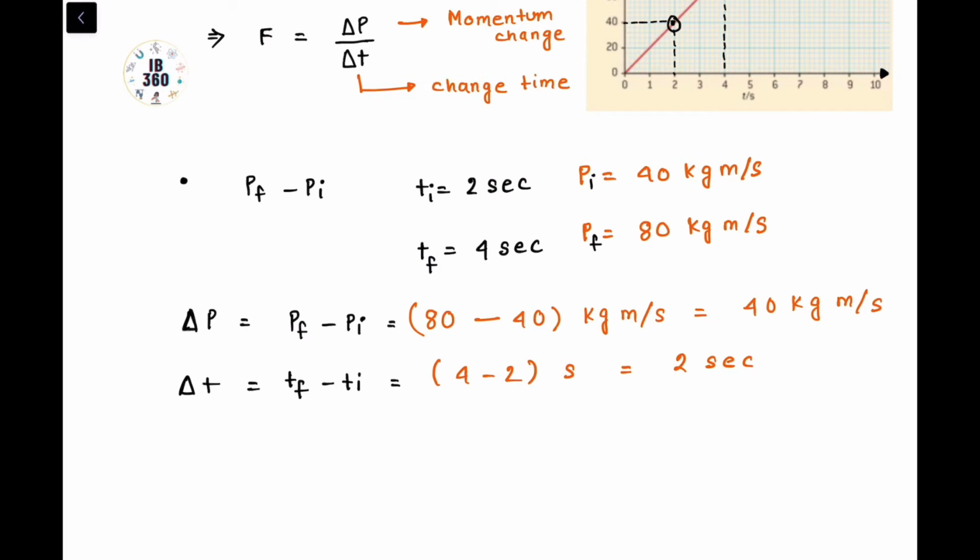Delta p means the change in momentum and delta t means the time change between these two particular events, the initial time and the final time.